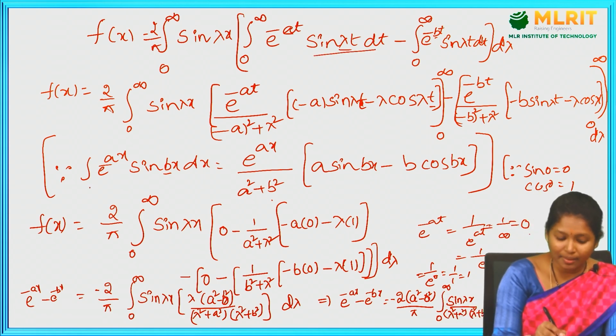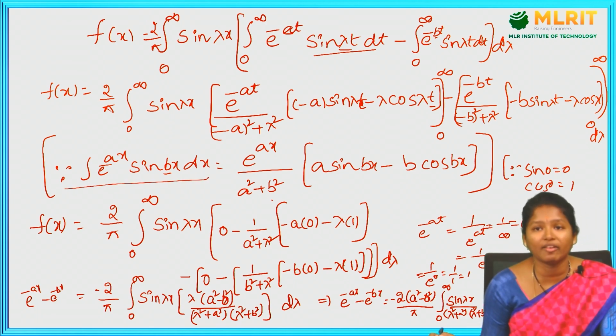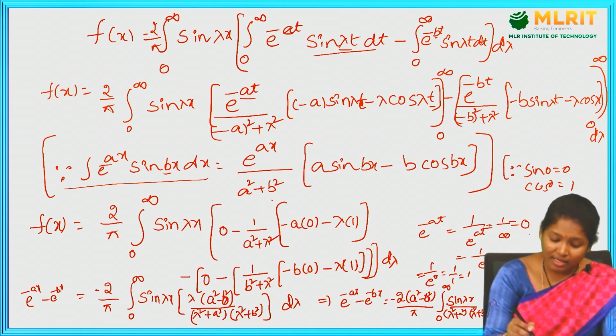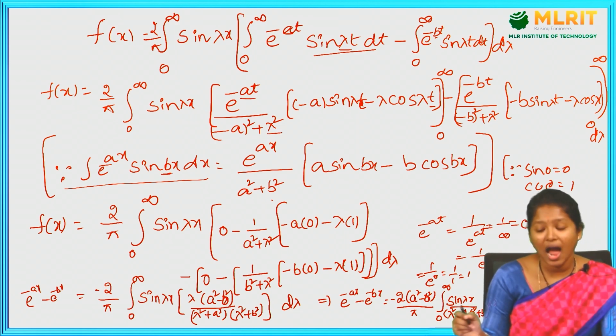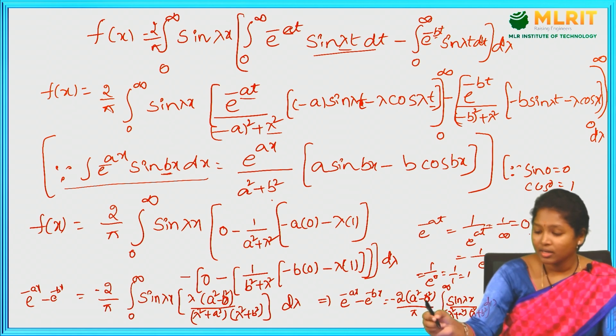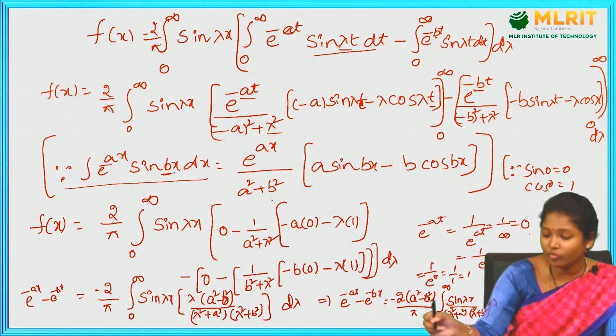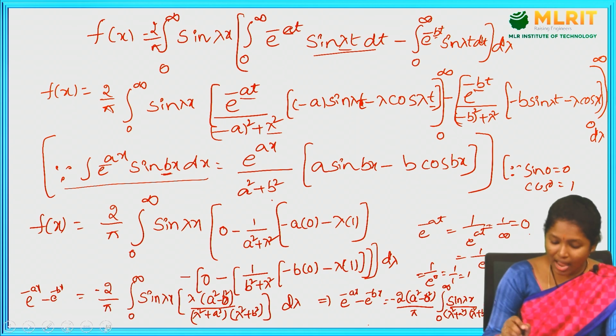Next I am applying the integral e power minus ax sin bx formula. In the first term, in the place of a, minus a is there, and in the place of b, lambda is there. I am substituting in the formula. In the second term, in the place of a, minus b is there, and in the place of b, lambda is there. So I am applying the limits.